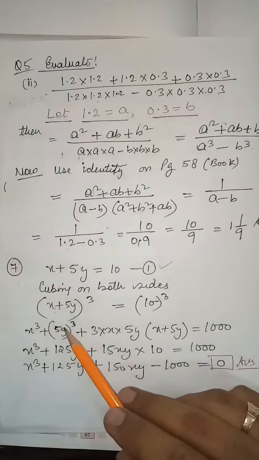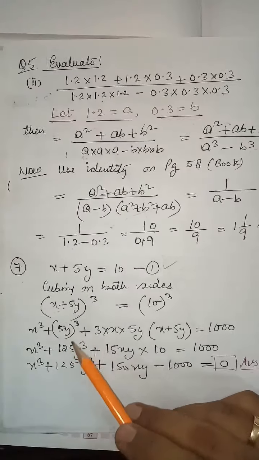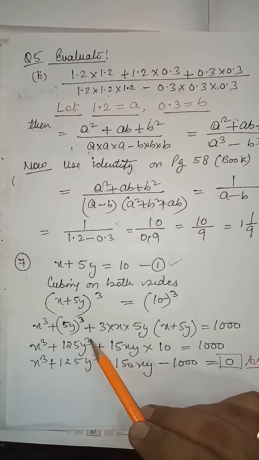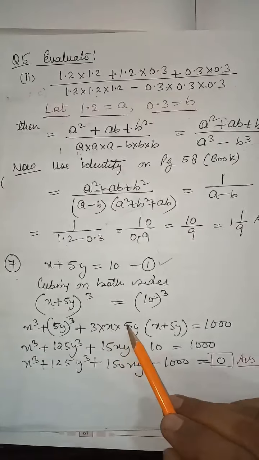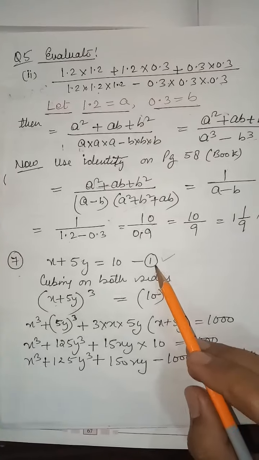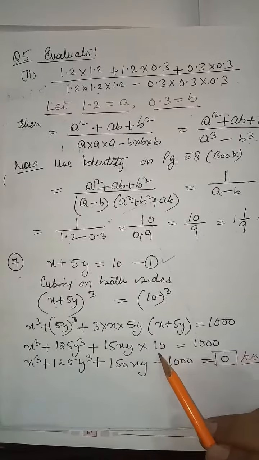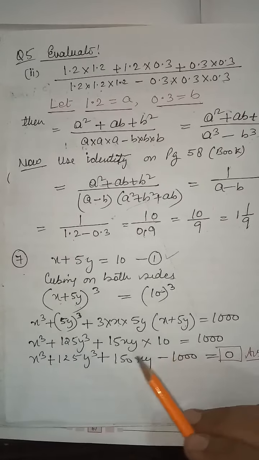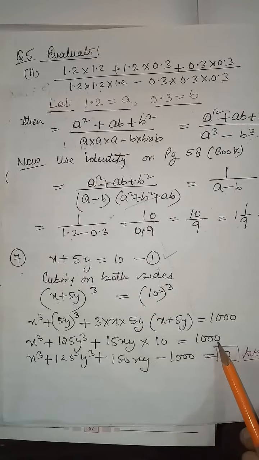Now open the bracket. So (5y) whole cube means 125 y cube, okay, and 3 fives are 15 xy, and the value of x plus 5y is given in the first equation, which is 10. So apply 10 over here, and this value is equal to 1000.